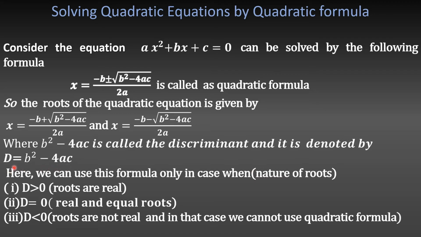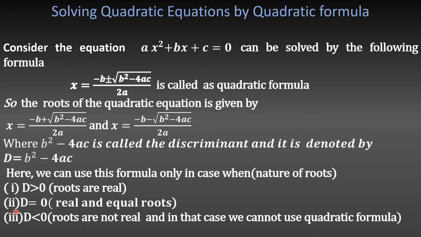On the basis of the discriminant we can find the nature of the roots, and we can find in which condition we can apply the quadratic formula. There are three conditions. When the discriminant is positive, or greater than 0, the roots are real and exist.